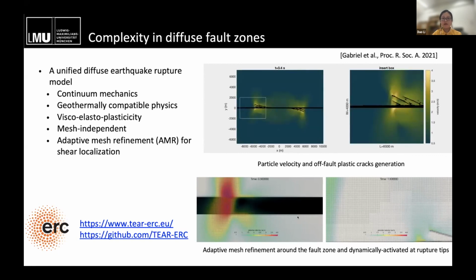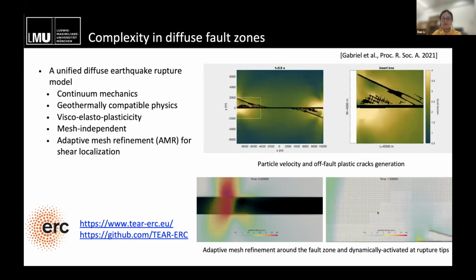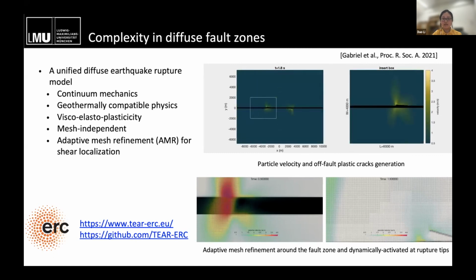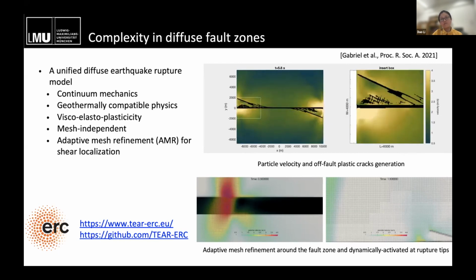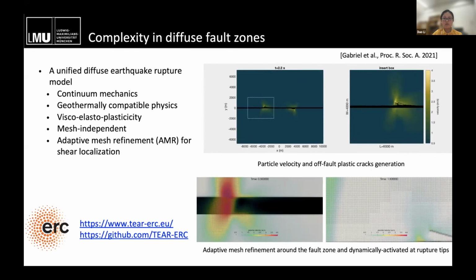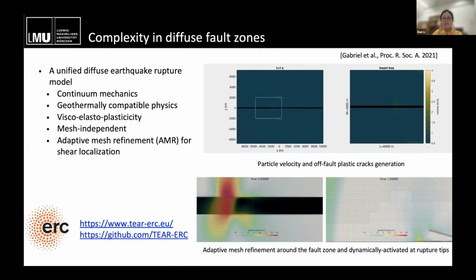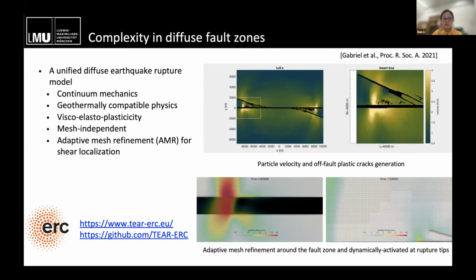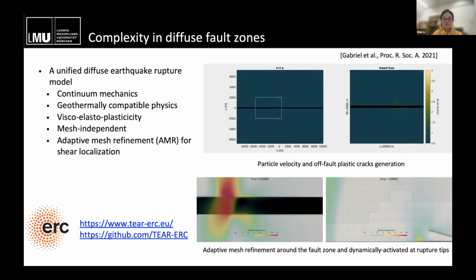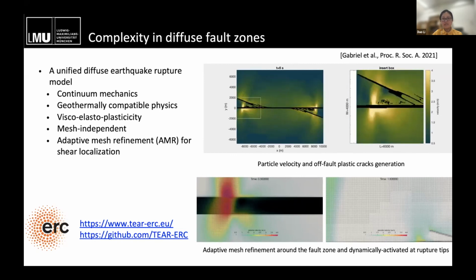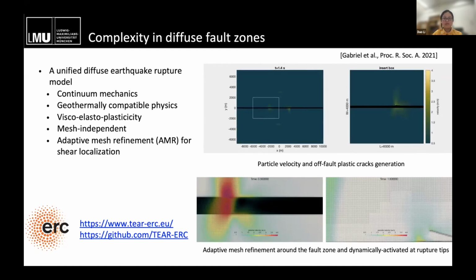So we can use adaptive mesh refinement to really capture the shear localization at the rupture front. The movie here shows spontaneous off-fault cracks during the shear sliding on the main fault in the middle. So we think that by using this numerical tool, we can really capture the geometric and rheology complexity in both earthquake and aseismic rupture in the future.